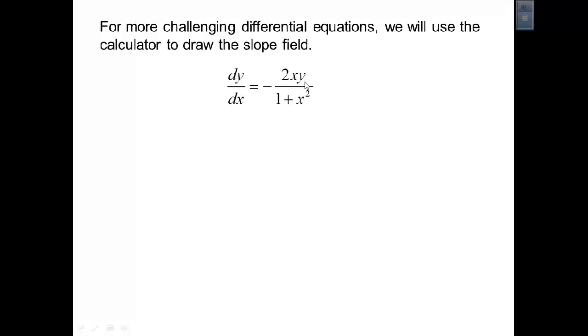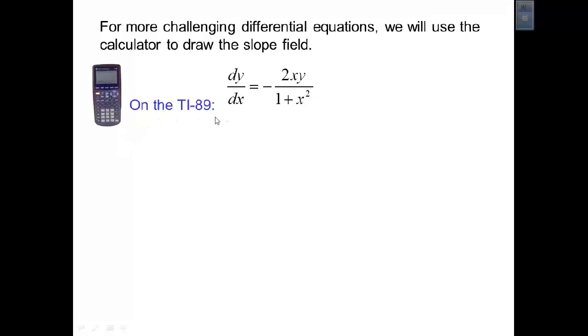As y changes, this slope is going to change in the same way that it changed in that last one as the x changed. So since we have both x and y here, it's going to change as we go up and down, and it's going to change as we go side to side.